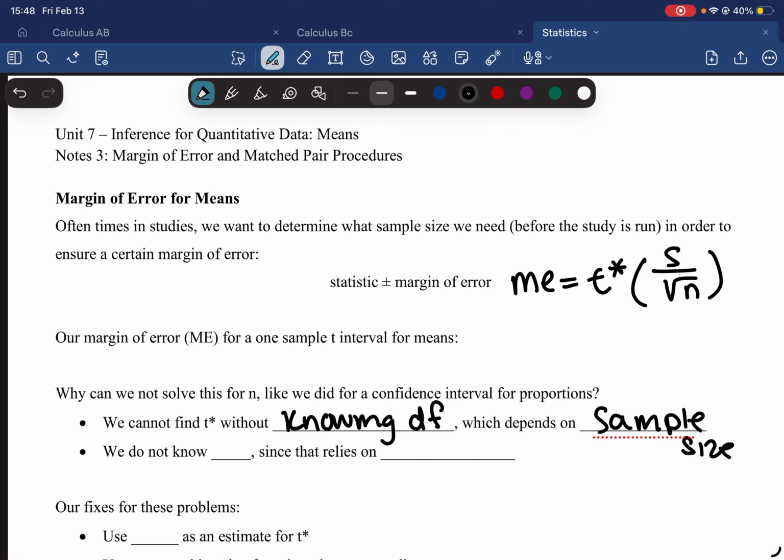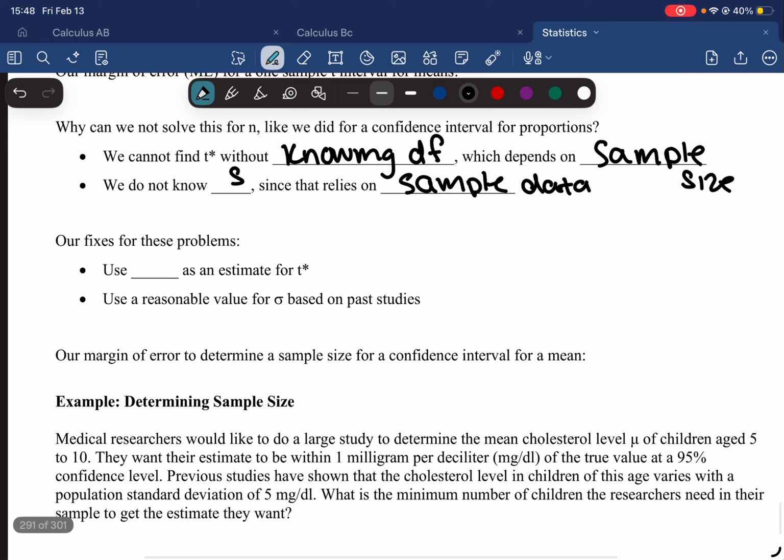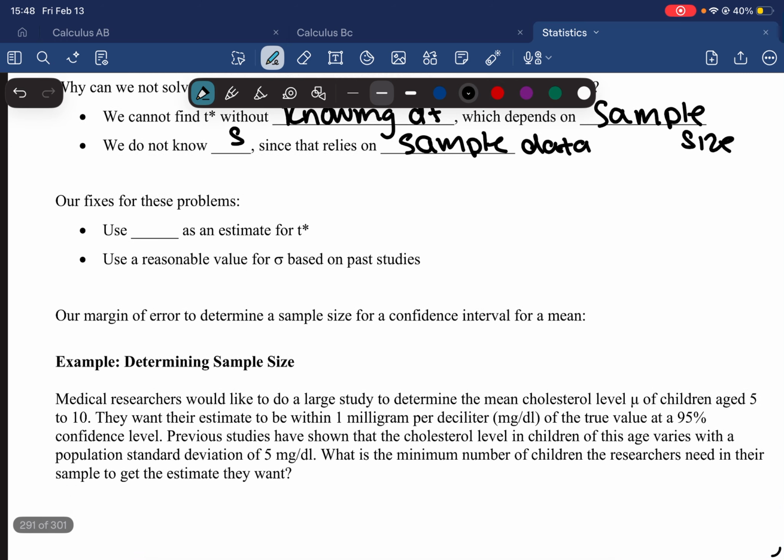We do not know S, since that also relies on the sample data. Our fixes for this problem is to use Z star to estimate T star, and then use a reasonable value for sigma based on past studies.